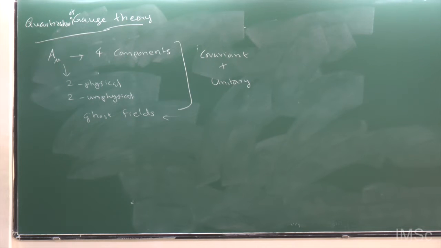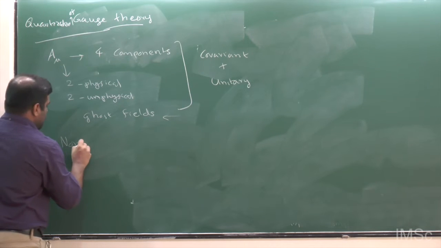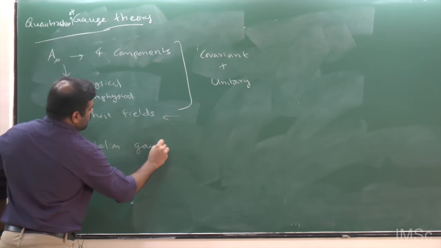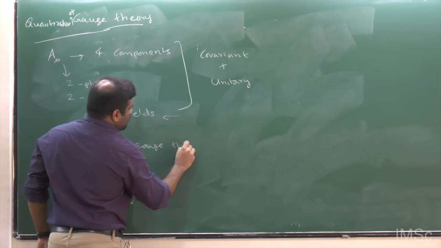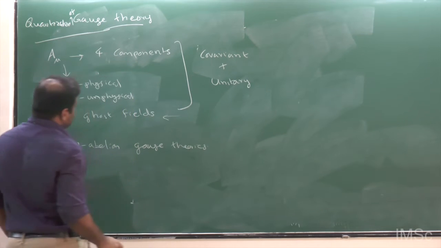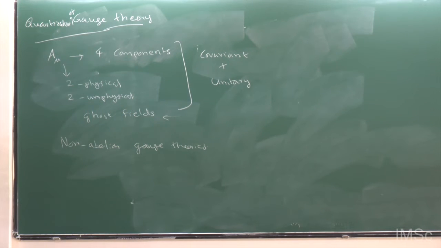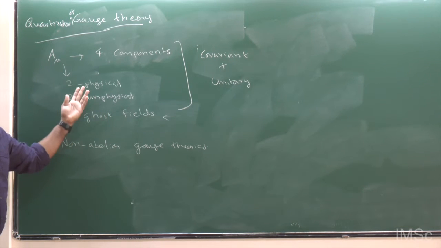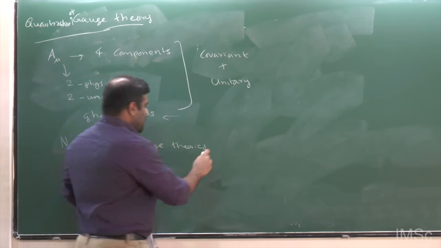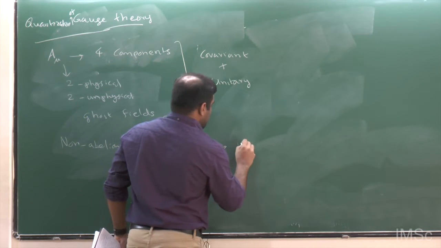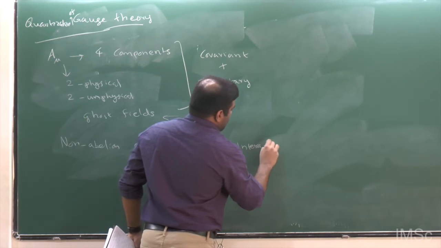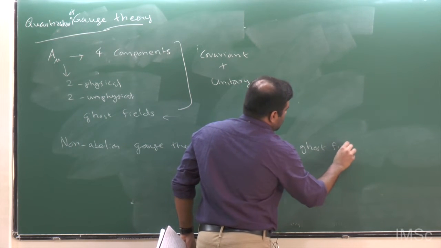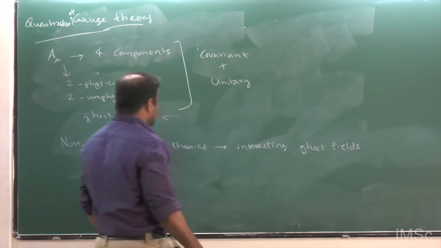But when you consider non-abelian gauge theories, you will have ghost fields which are interacting. So they won't decouple from the physical sector. So it's not so easy to quantize them. So you have interacting ghost fields.